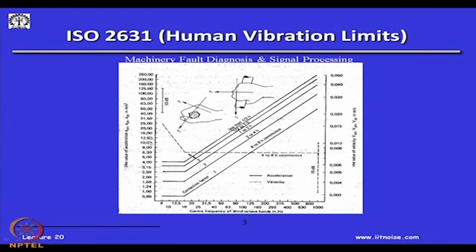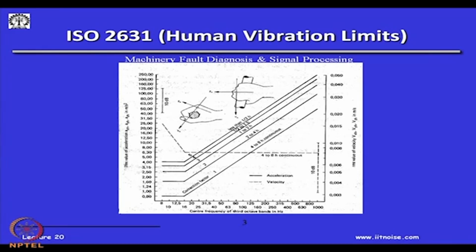For 4 to 8 hours of continuous holding on to a device, the permissible level is given by this line here, then for 2 to 4 hours, and for less than half an hour. So, these are the limits as per the ISO 2631 standard.